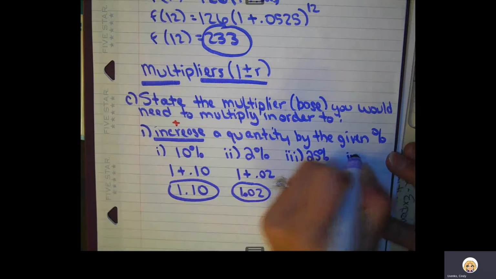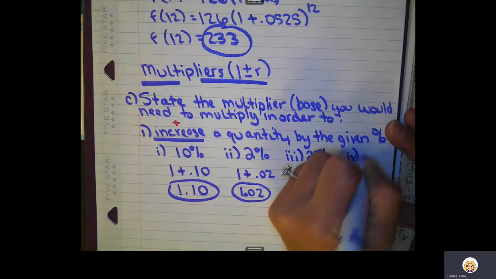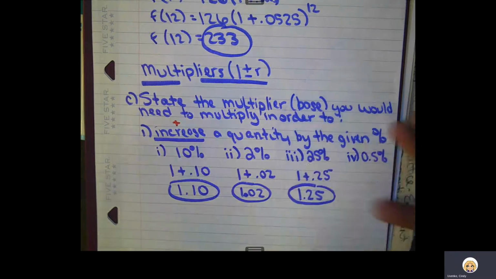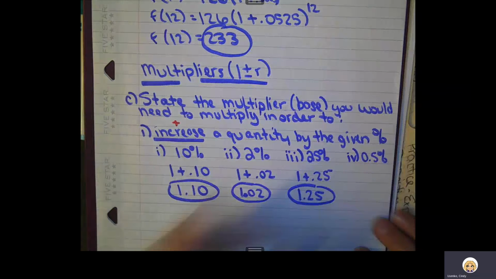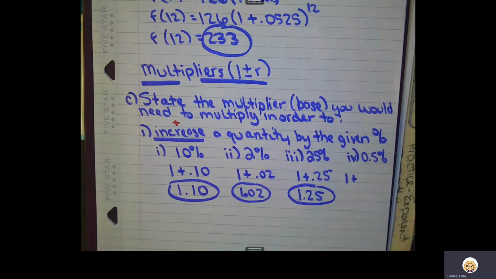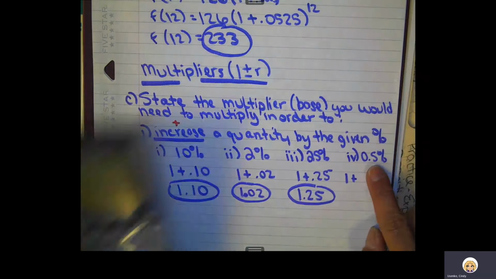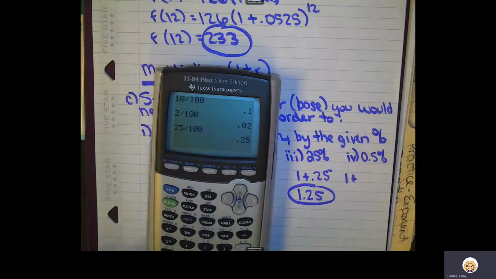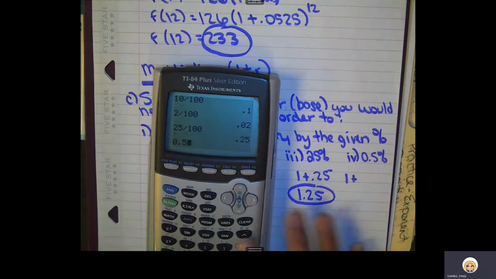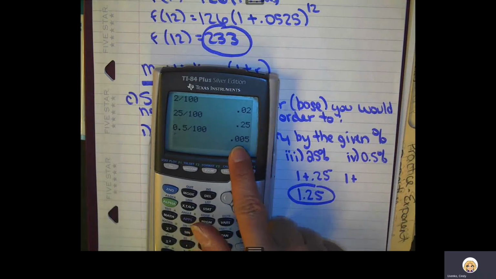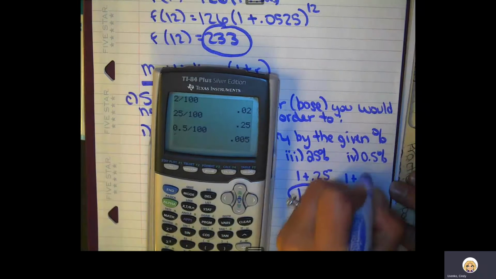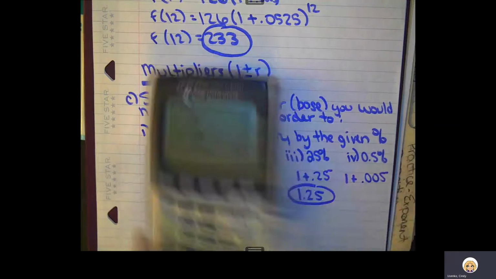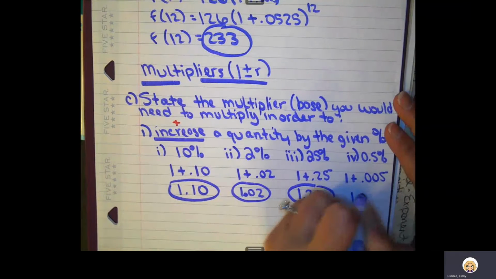And the last one of these, can you put 0.5%? That is not 1 plus 0.5. This is a percent, so we need to change it to a decimal. So 0.5 divided by 100 moves the decimal 2 places, so it's 0.005. If we add those, we get 1.005.